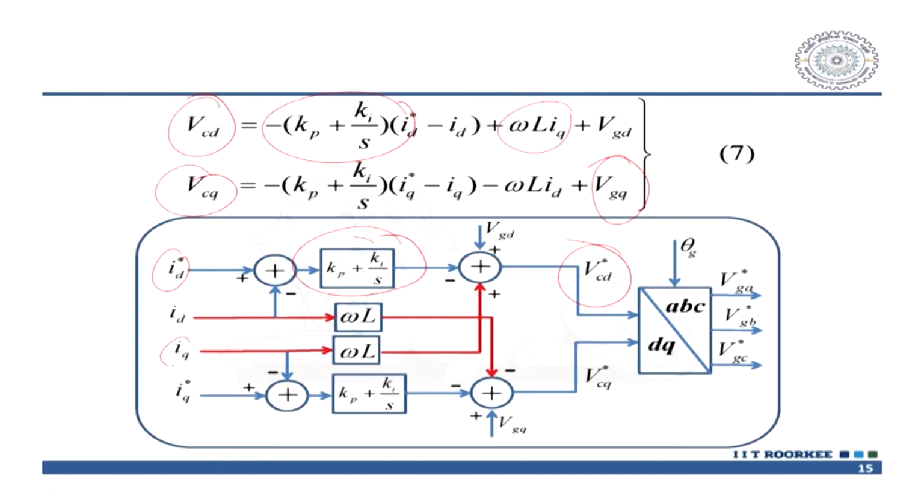Similarly, if you have Iq and Iq star and you subtract, from the subtraction you get this term, and thereafter you combine it with Vgq, and thus what you essentially get is the Vq reference.